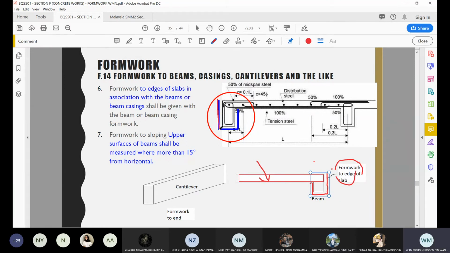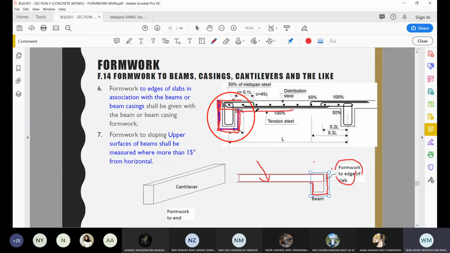Edges of slab, edges of beam plus soffit of beam plus edges of beam plus edges of slab sekali. Maksudnya kalau ada slab ni, kita bagi edges ni kepada beam lah. Maksudnya gitu. Jangan dipotong macam ni pula. Tak boleh. Okay, sebab kaedah kerja dia lain. Okay, memang kerja dia kita akan buat macam ni.